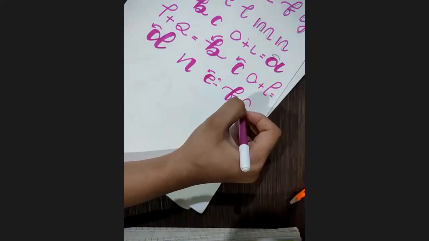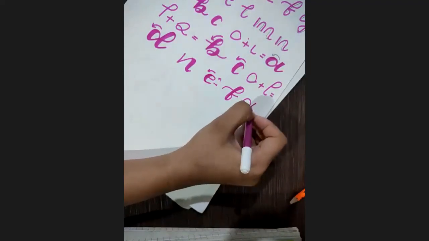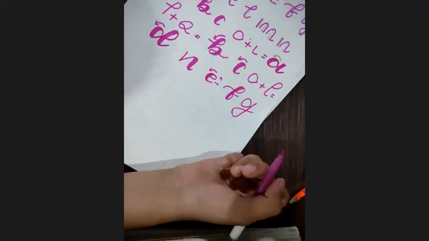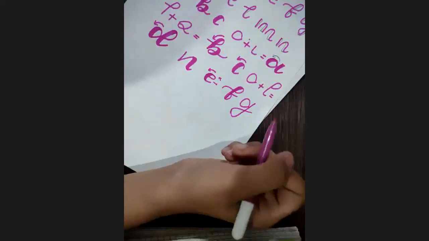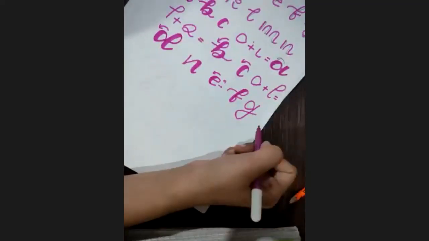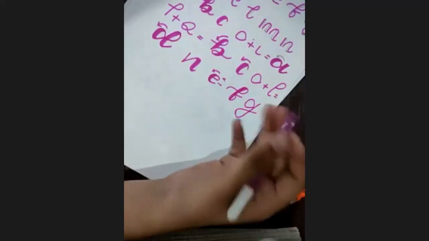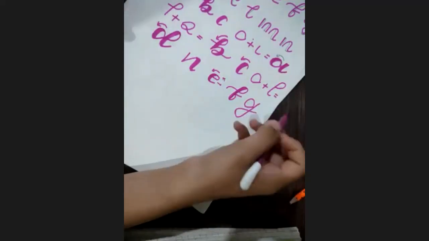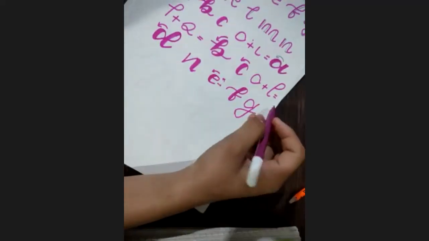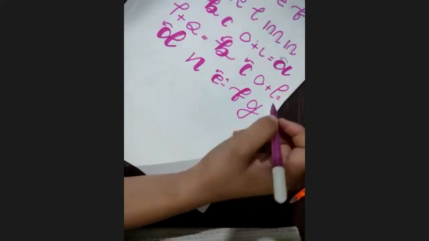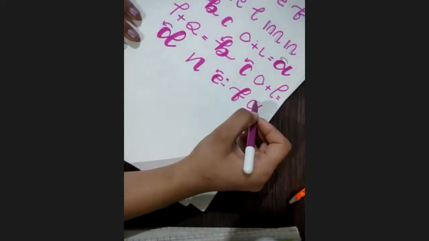G. Basically, when we do cursive writing, we don't lift up our pen, but in calligraphy we have to lift up our pen. The alphabets look almost the same, but we have to lift up the pen so that it gives an effective look. So now G, again oval.